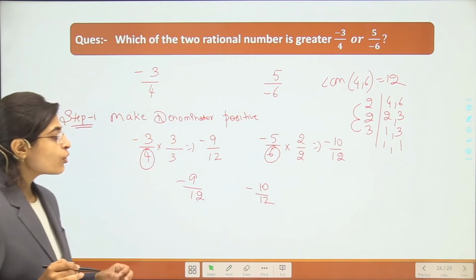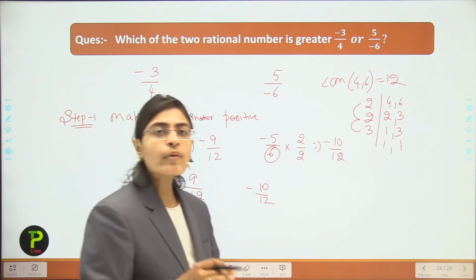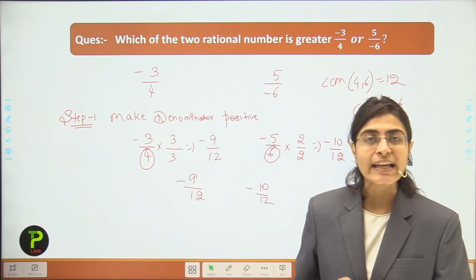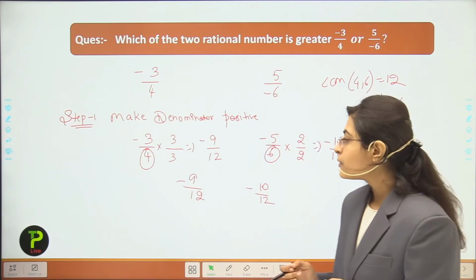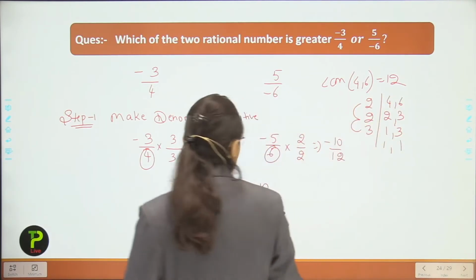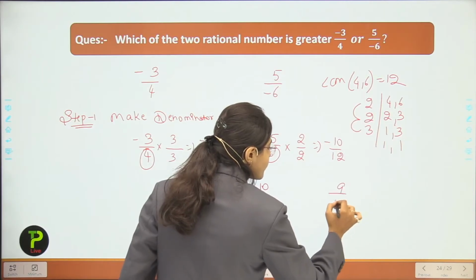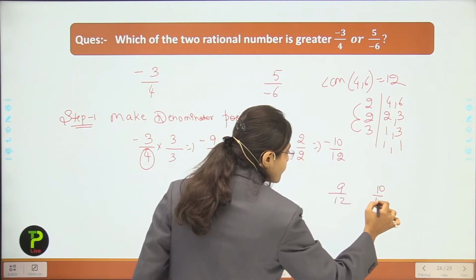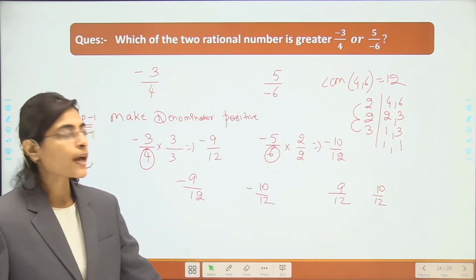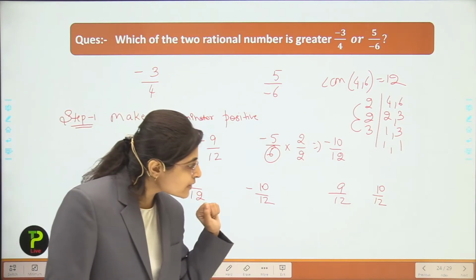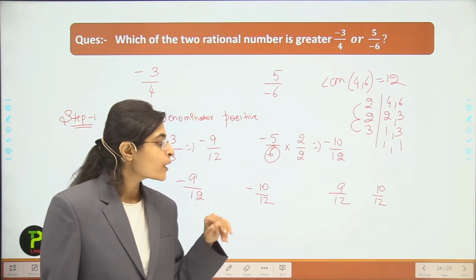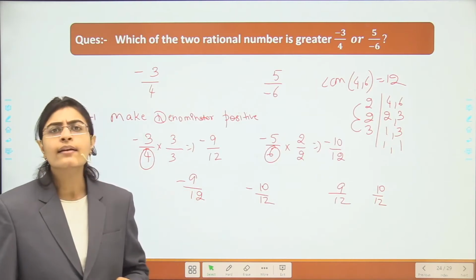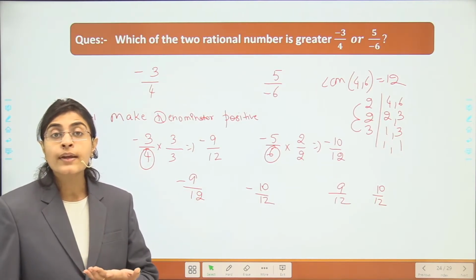So now how do we compare a negative number with a negative number? In the negative number case, I am writing 9 by 12 and 10 by 12 over here. Positive numbers: I am just removing the sign and considering the positive numbers. Here 9 and 10, which is greater? 10.